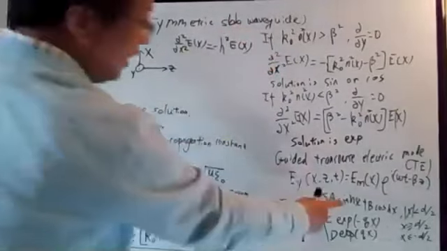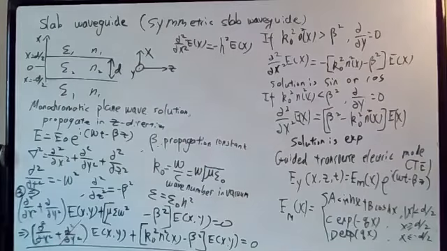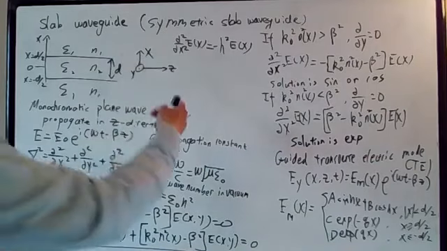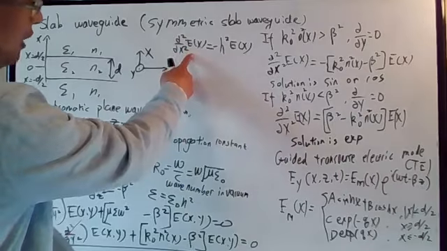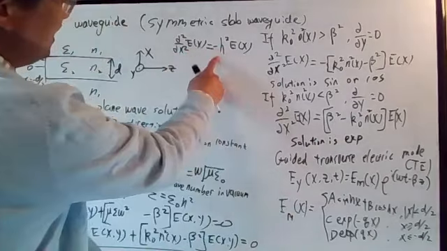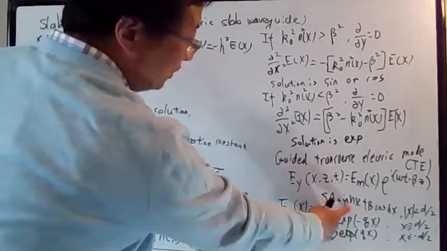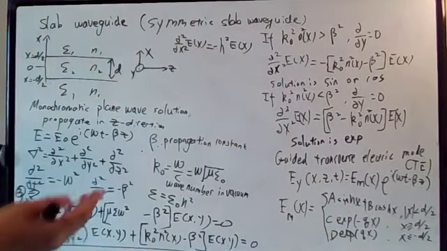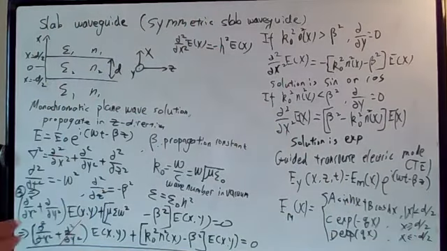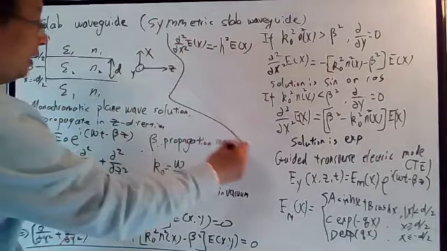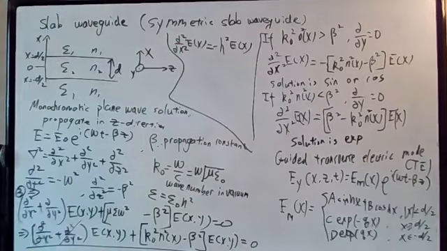So if we have either sine or cosine, the second derivative of this E field is going to be negative h squared times Ex, for either sine or cosine hx.